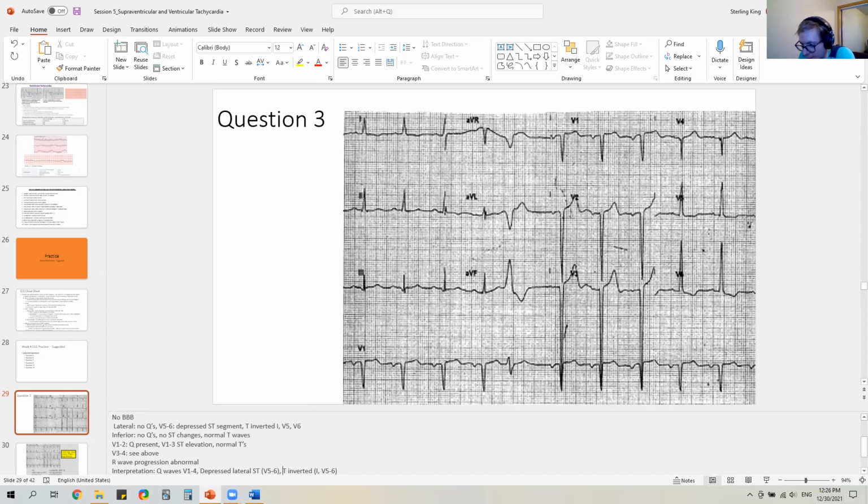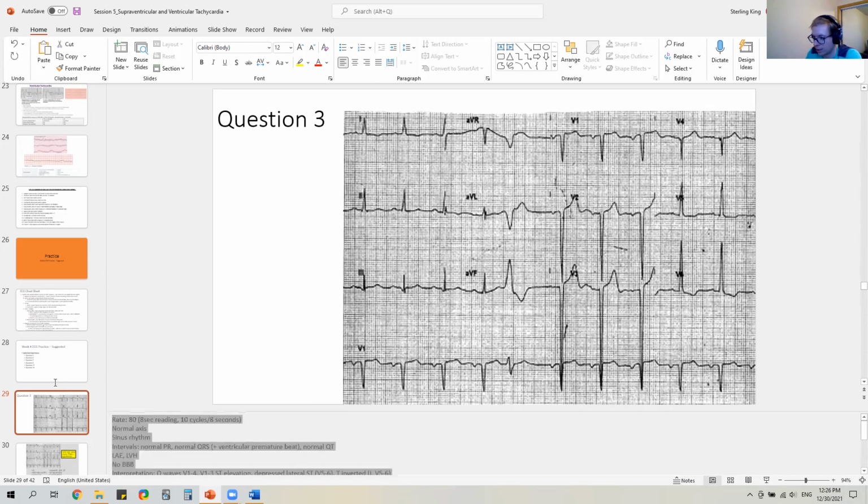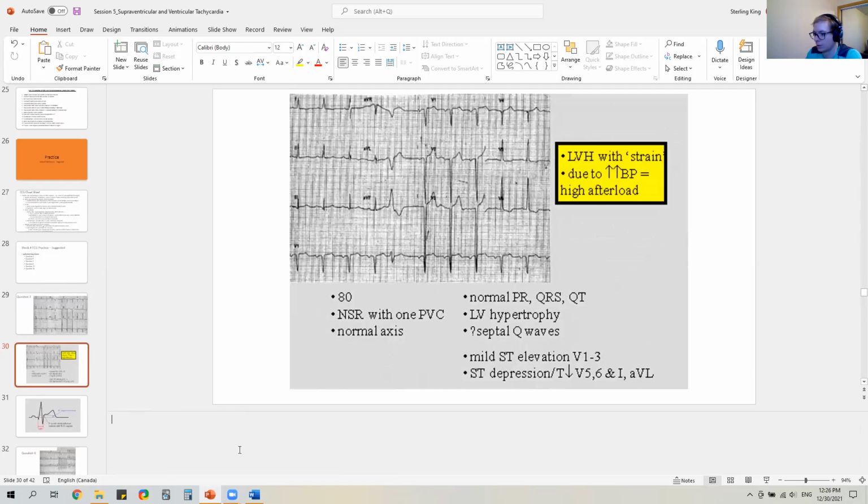And I'm just going to put the elevated in here, so V1 through 3 ST elevation. So that's my interpretation of what we just saw. I'm going to take that and put it above so I can have it nice and neat. And then let's have a look at the solution.